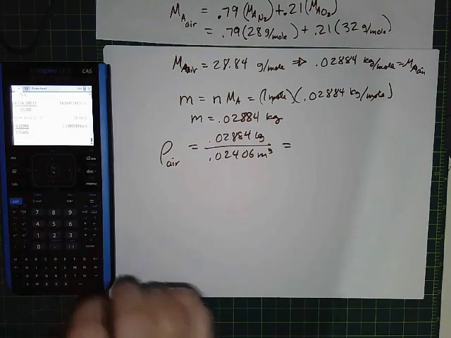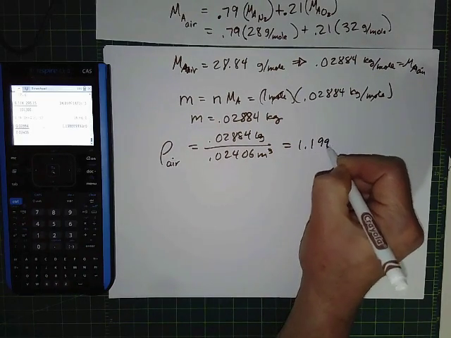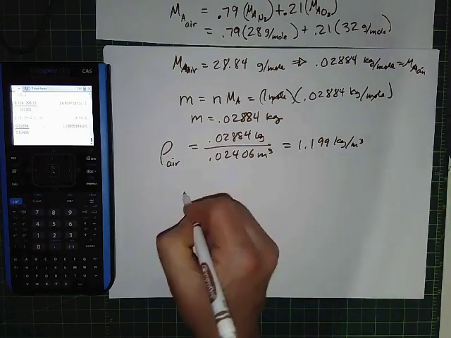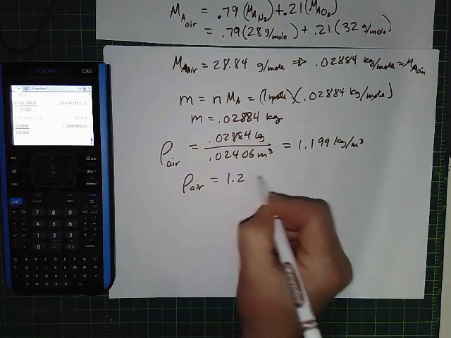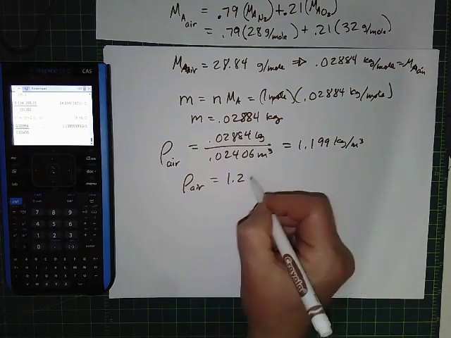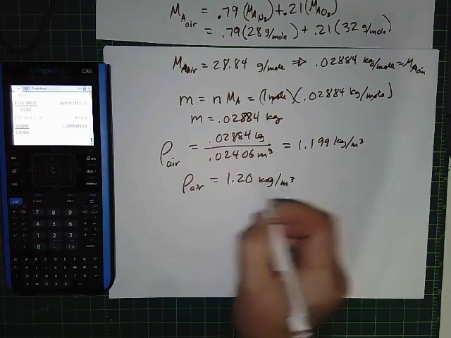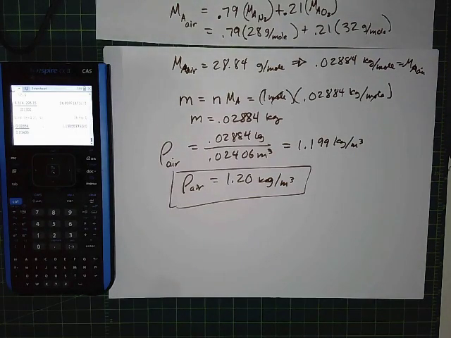Okay, so we get 1.199 kilograms per cubic meter. We don't really need so many sig figs, so let's say 1.20 kilograms per cubic meter. The density of air is close to the numbers we've used in the past, so it looks good.